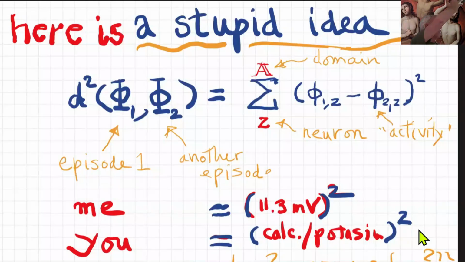The network has all kinds of interesting topology, the manifolds, and you're just saying any distance in any direction is equally good. It's Euclidean space. Why would you do this? I have no idea, but that's what everybody does, right? So you say, well, I measure the distance and it's 1.3 millivolts squared, because I measured some activity in millivolts.